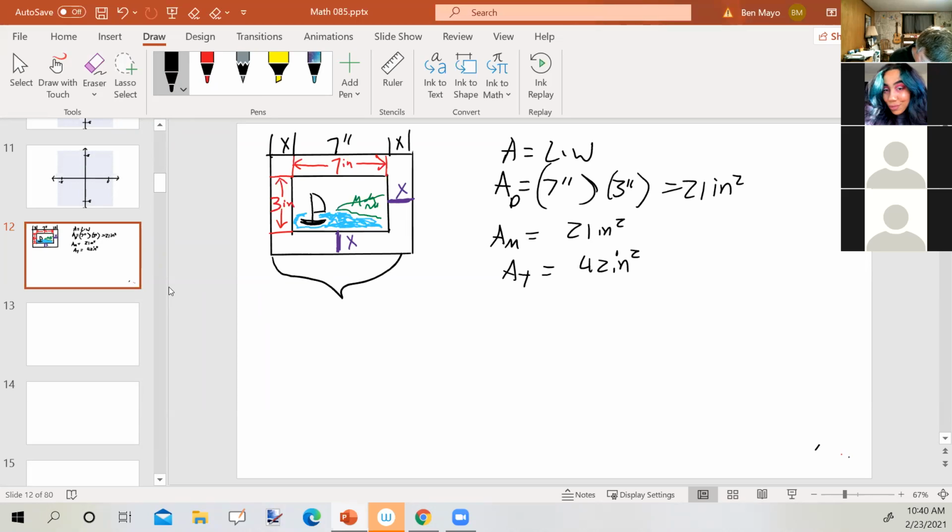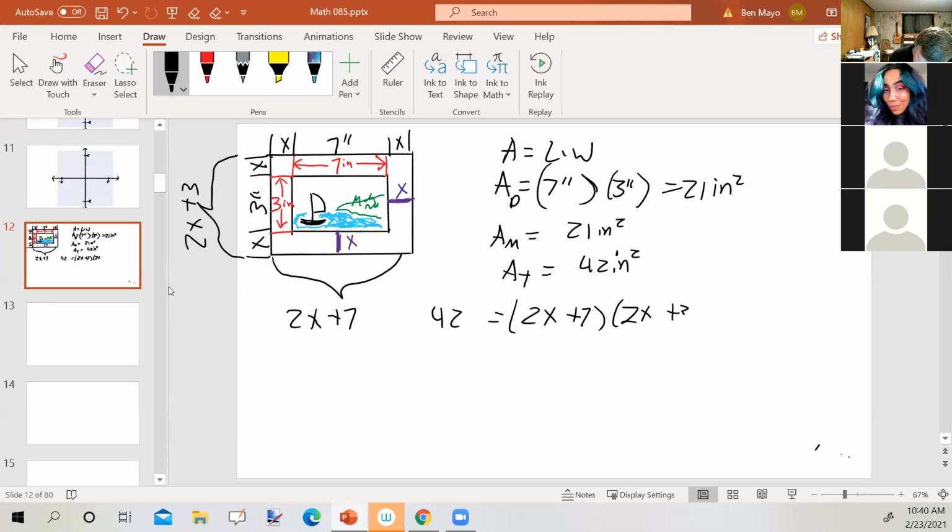So that would be 2x plus 7. And here this distance is x, this distance is x, and this is 3 inches. So this would be 2x plus 3. So using area equals length times width, 42 equals 2x plus 7 times 2x plus 3.